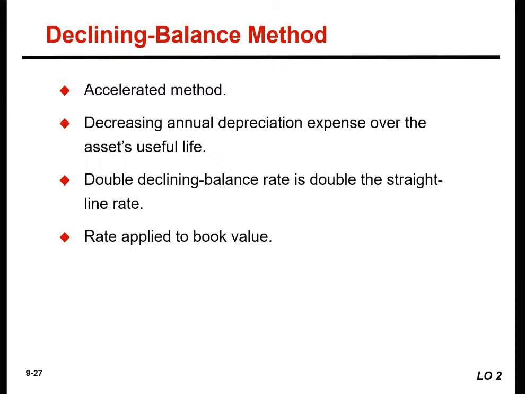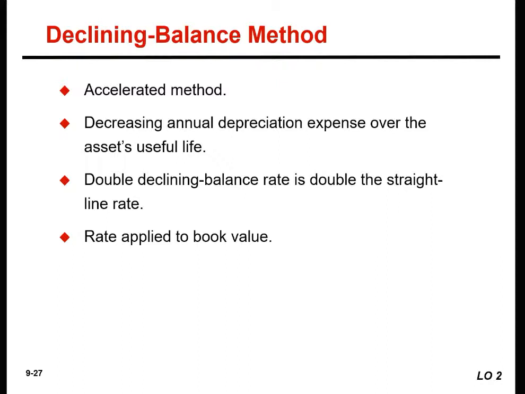Declining balance approaches can be applied at different rates, which results in varying speeds of depreciation. And a common declining balance rate is double the straight line. This method is referred to as the double declining balance. The straight line annual rate of depreciation is computed by dividing 100% by the estimated life of the asset.